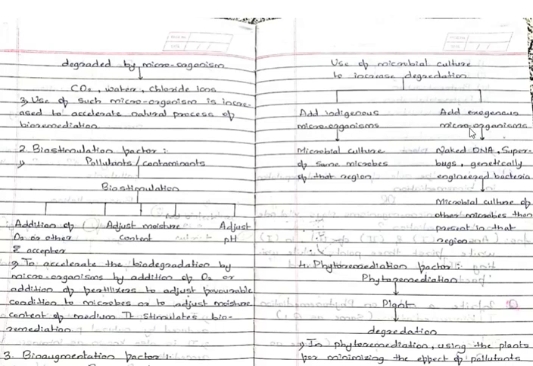If there are no indigenous ones, then there are exogenous microorganisms. Exogenous means externally added microorganisms. For that we can use naked DNA, superbugs, and genetically engineered bacteria. These are added to the microbial culture of the other microbes present in that region.